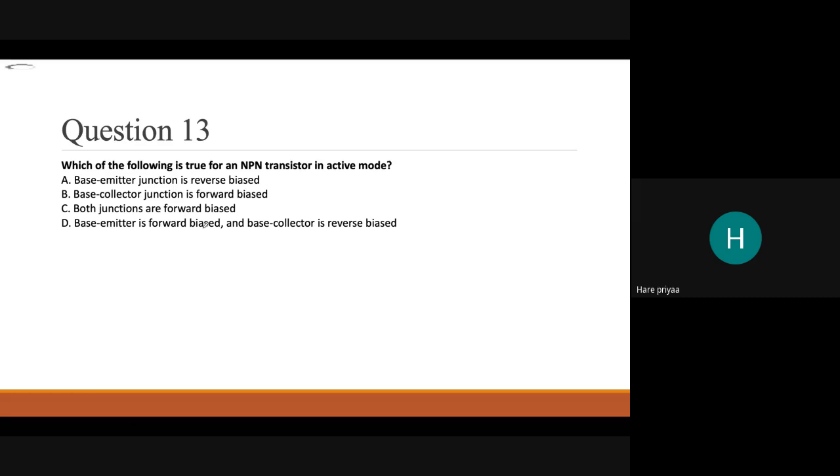Last option, ma'am. Okay. Manisha, what is the right option? Last, D. Okay. Prashant, what is the right option? Which of the following is true for the NPN transistor in active mode?